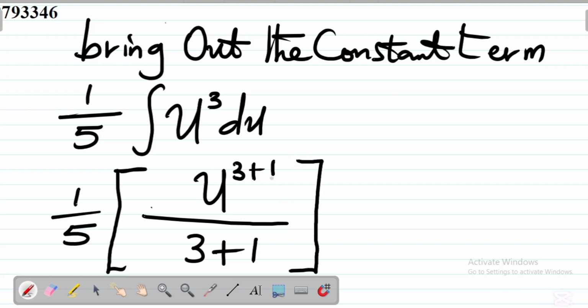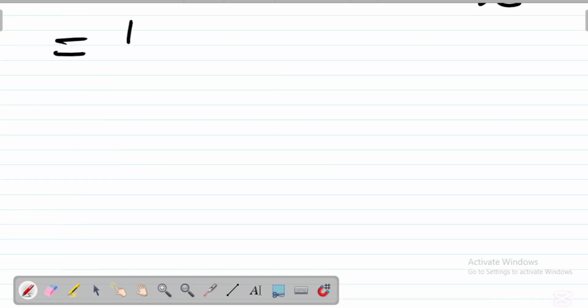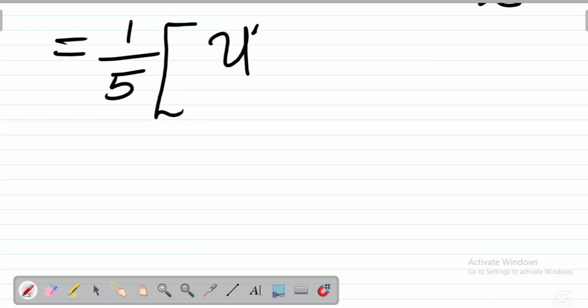In integration, you add 1 to the power and then you divide by the power plus 1. That's why we have 3 plus 1 and then divided by 3 plus 1. So let's continue. We have 1 all over 5 open bracket u raised to the power 4 all over 4.